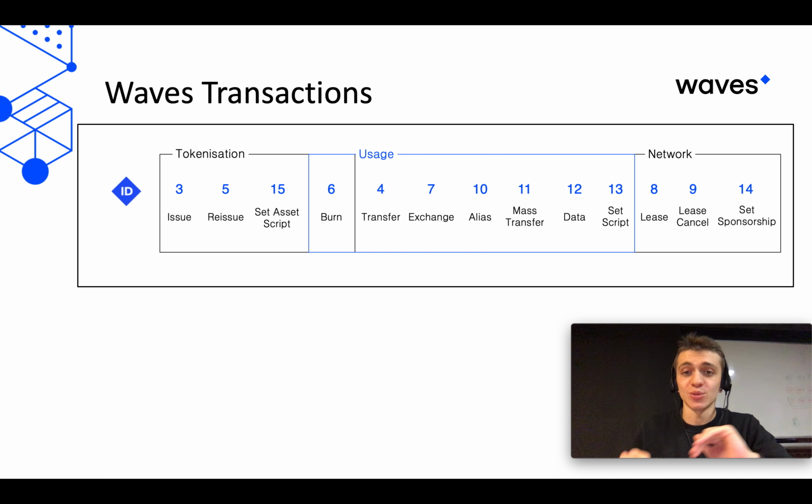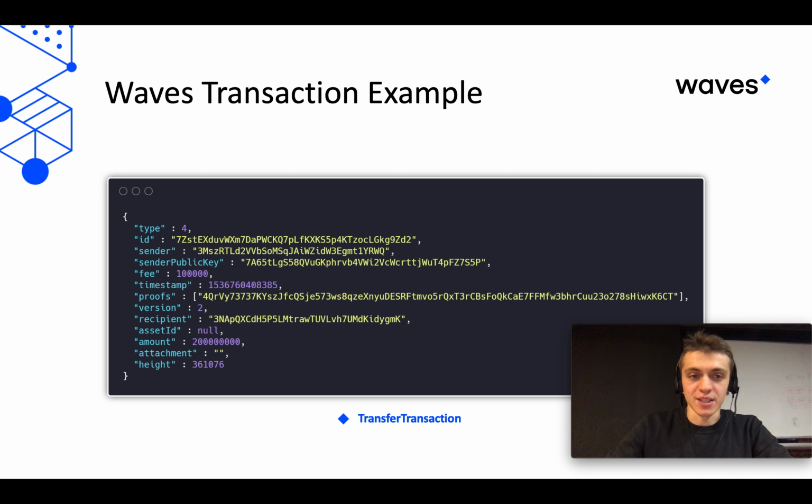We'll get back to transactions later. It's very important to understand that to do something, for example, to store some data, you have to send a special type of transaction. If you want to, for example, just transfer some tokens, you have to send another type of transaction. Okay, let's go forward.